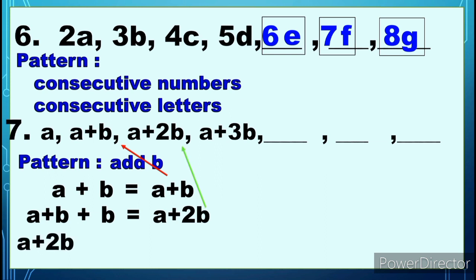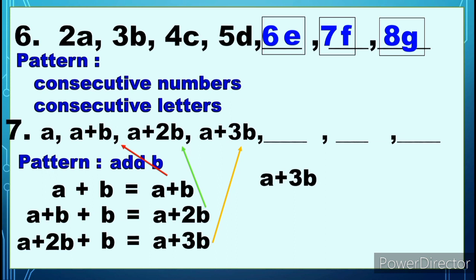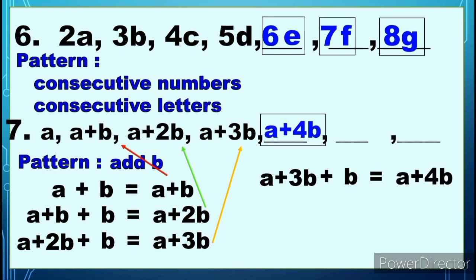Okay, next, A plus 2B plus the pattern B. So, 2B plus B equals 3B. So, now we have A plus 3B plus the pattern B. So, 3B plus B equals 4B. So, A plus 4B is the next term.